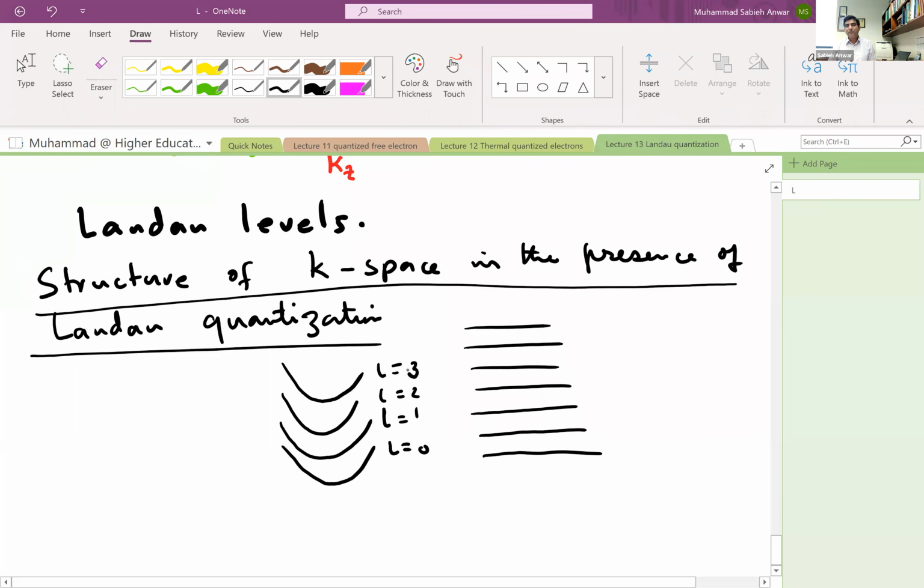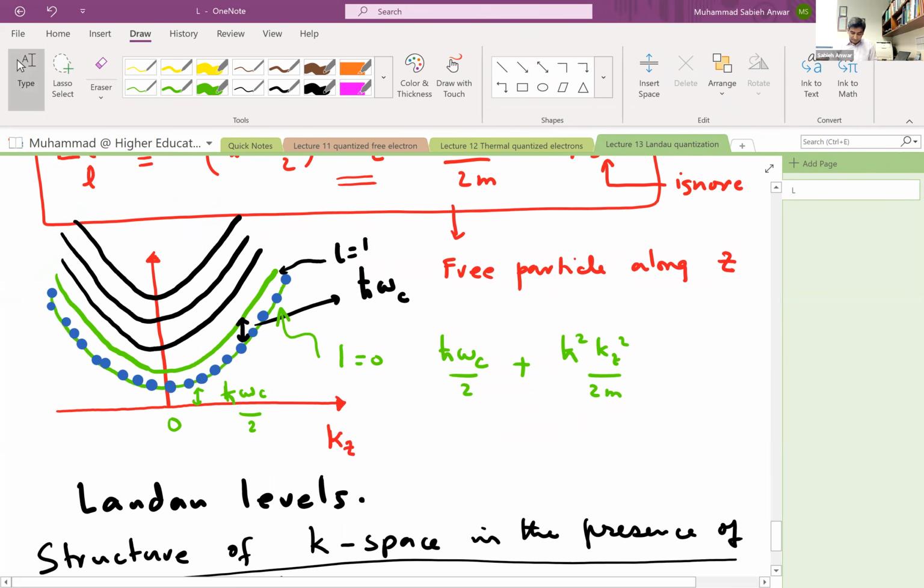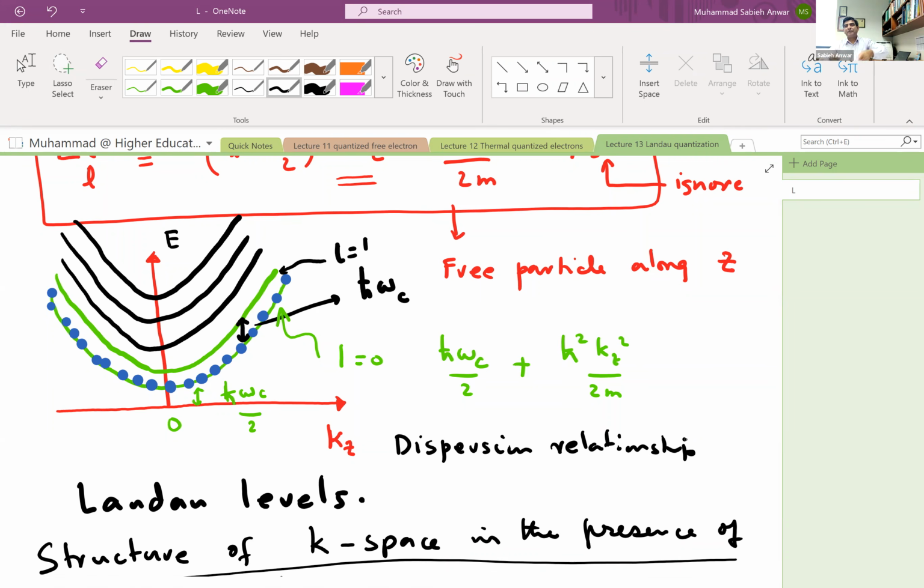Okay, so now we have a sequence of parabolas when plotted along E versus Kz. Whenever we make a diagram of this kind, E versus Kz, or frequency versus Kz, such a diagram is called a dispersion relationship. So the dispersion relationship is now turning out into a sequence of parabolas.